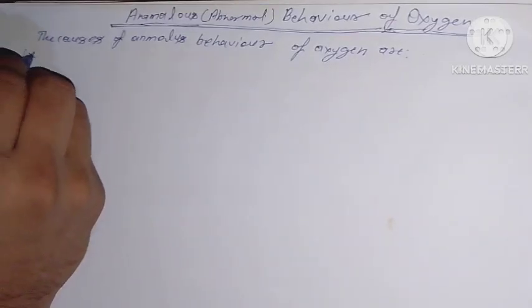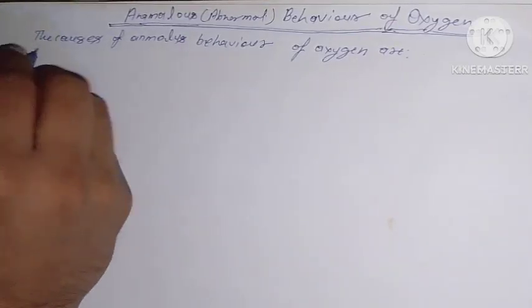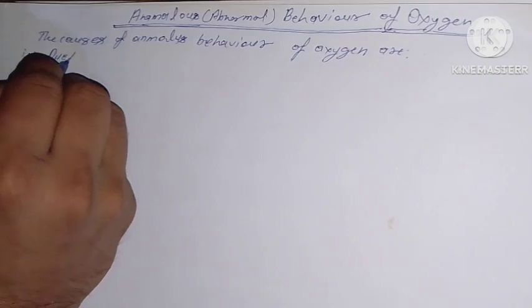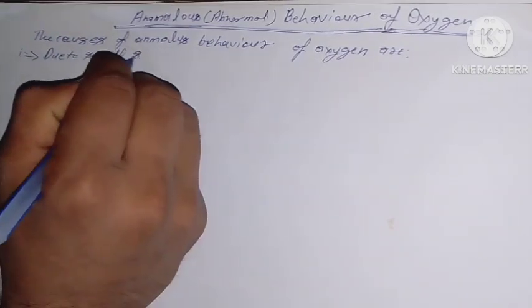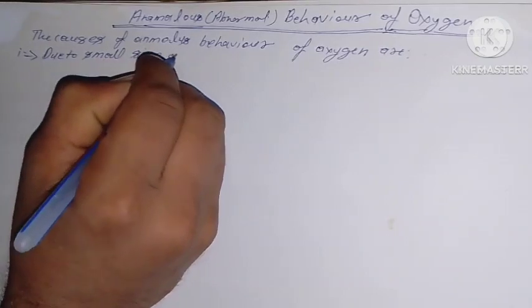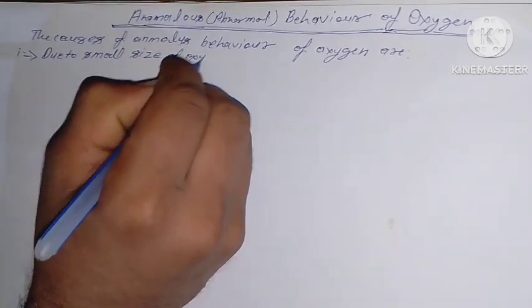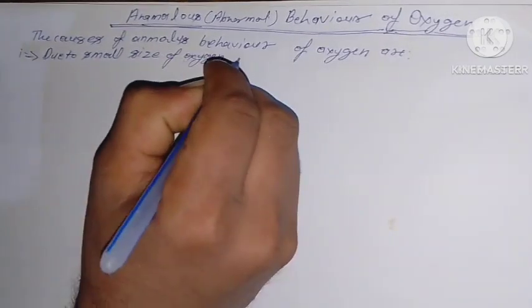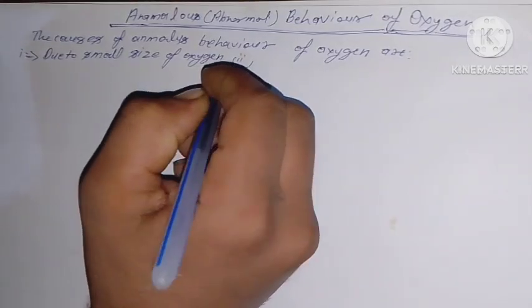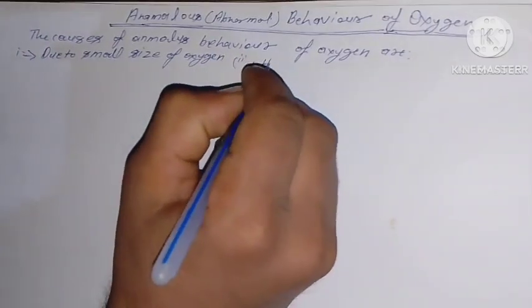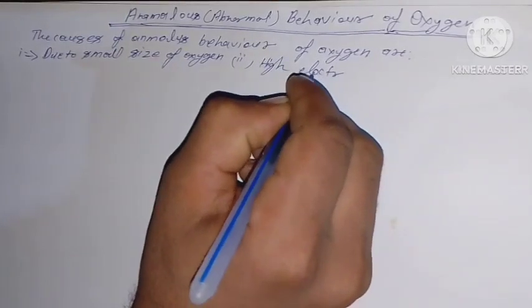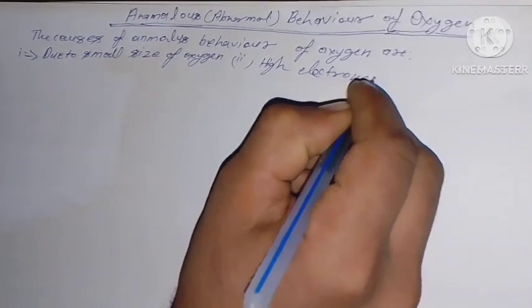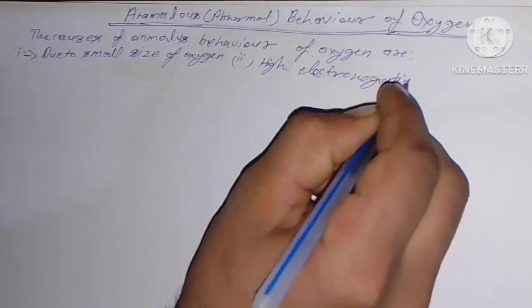First, due to small size of oxygen. Second point, high electronegativity.